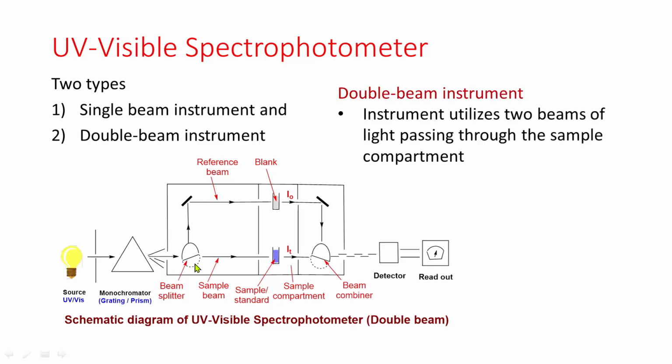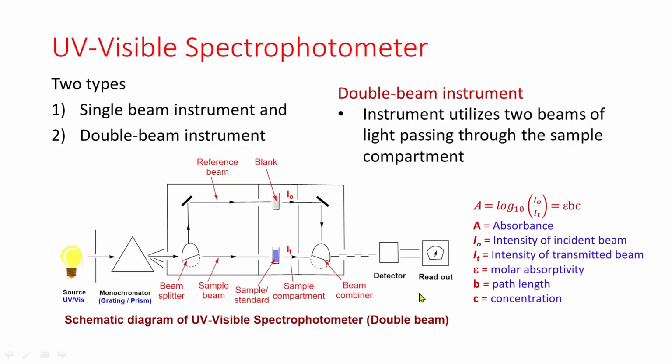The instrument utilizes two beams of light passing through the sample compartment, and the detector measures absorbance, which is given as A = log(I0/IT) = epsilon b c. A is absorbance, I0 is the intensity of the incident beam, IT is the intensity of the transmitted beam, epsilon is the molar absorptivity, b is the path length, and c is the concentration.